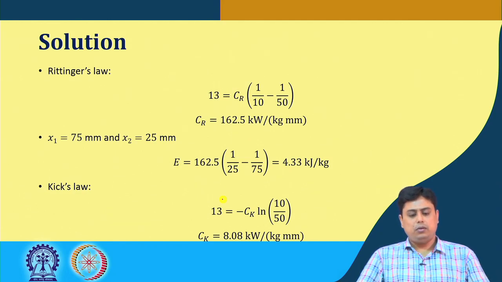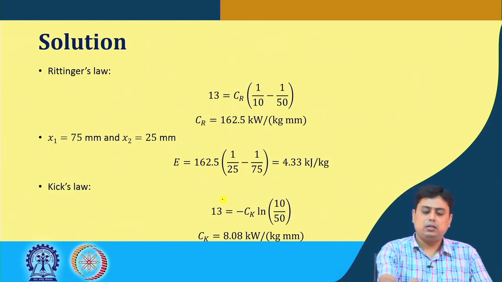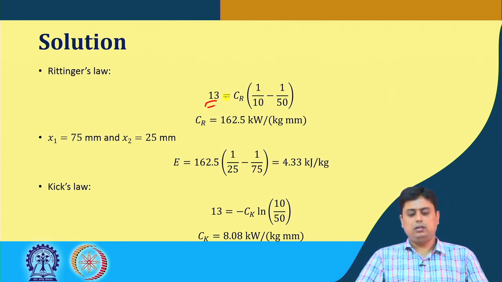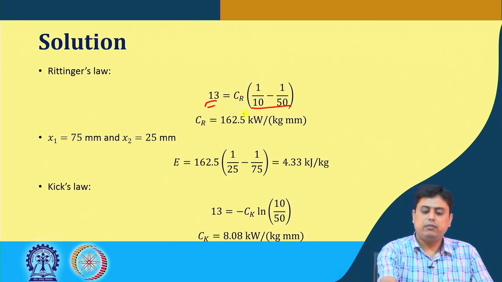By Rittinger's law, we can write that the energy consumed is equal to Rittinger's constant multiplied by (1/x2 minus 1/x1). These values are initially given.